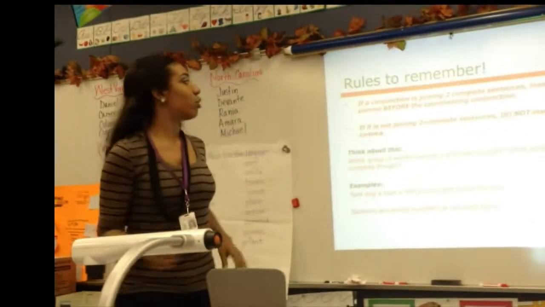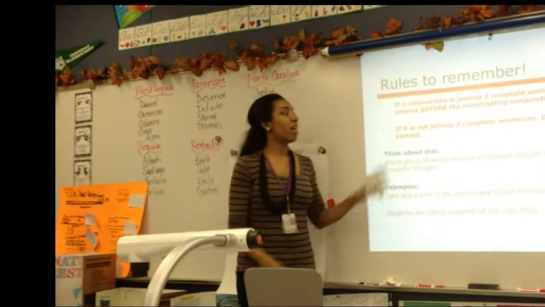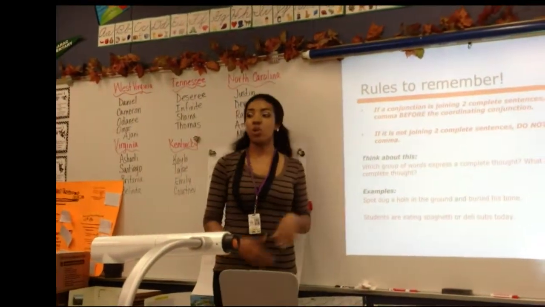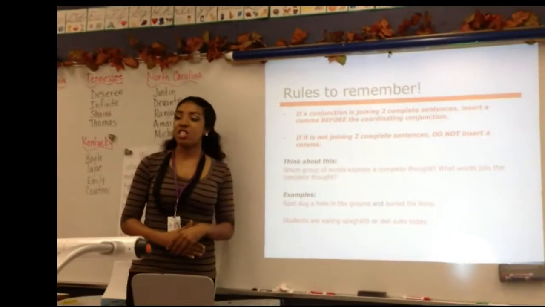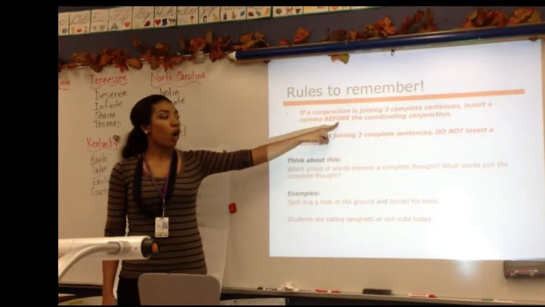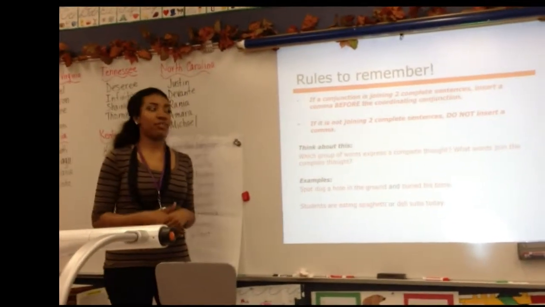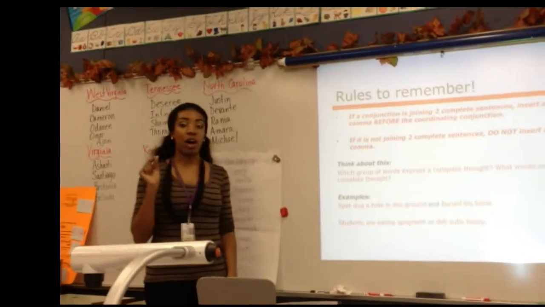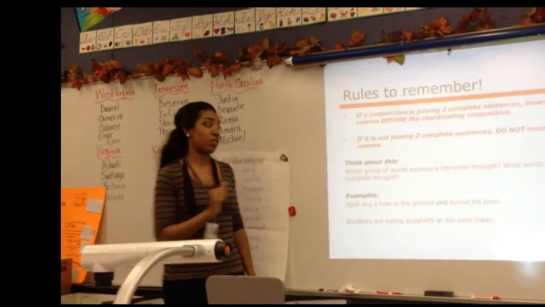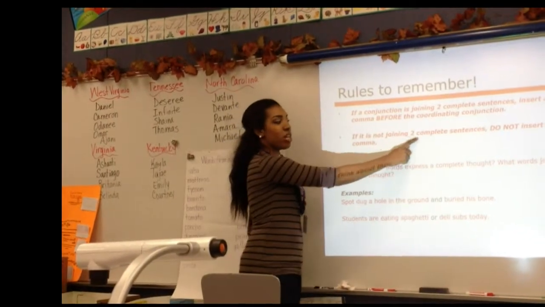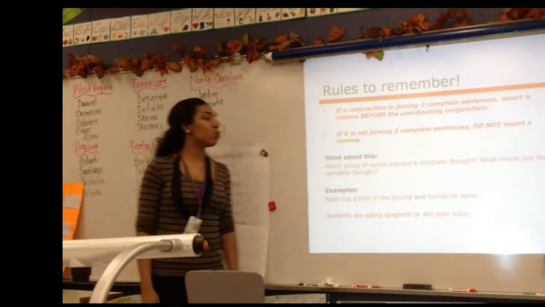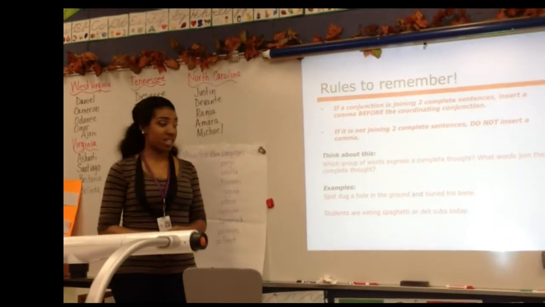So some important rules to remember. Okay? If a conjunction is joining two complete sentences, insert a comma before the coordinating conjunction, not after. Okay? But you're not always going to use a comma. And here's why. If it is not joining two complete sentences, do not insert a comma in the sentence.